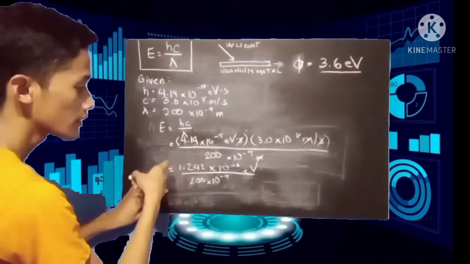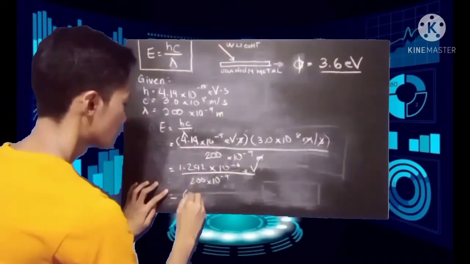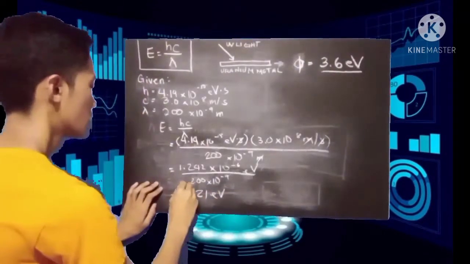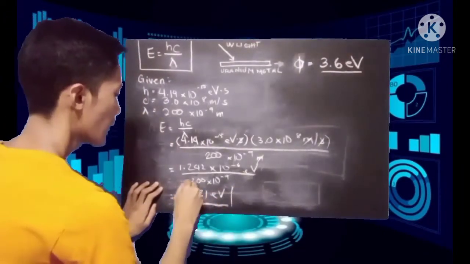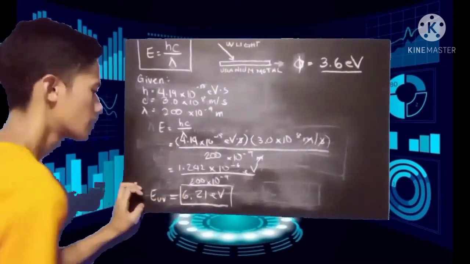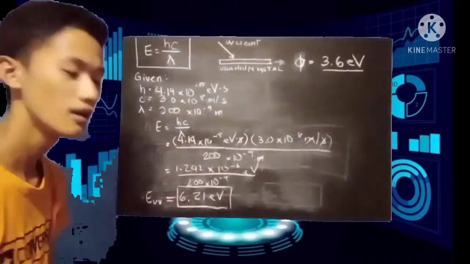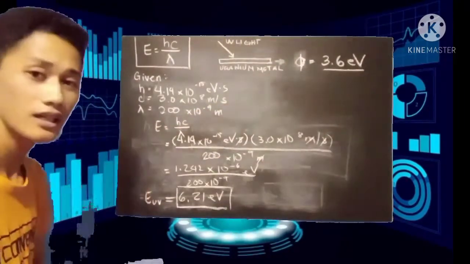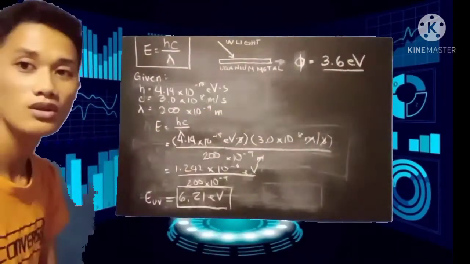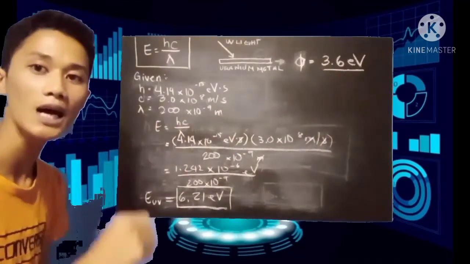And if we divide these two values, we will get 6.21 electron volts. So this is the energy of the UV light. If we compare it to the work function of the uranium metal, we can observe that the energy of the UV light is greater than the work function. So we can conclude that a photoelectric effect will happen.